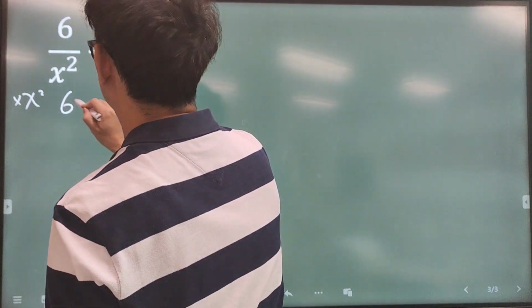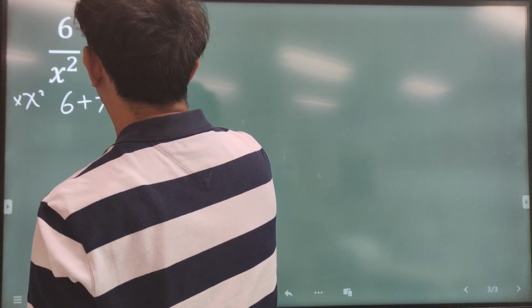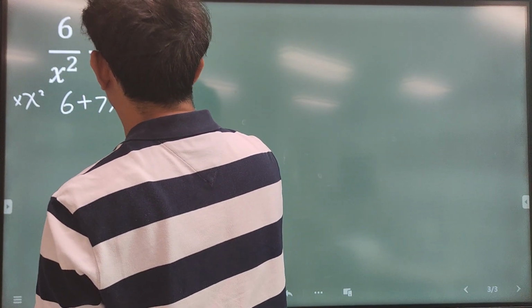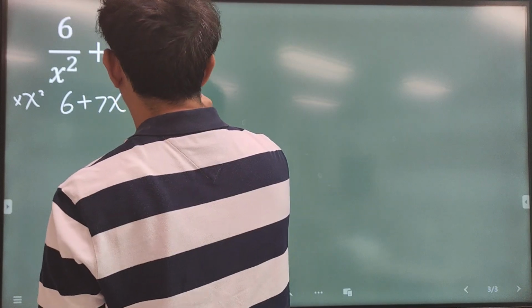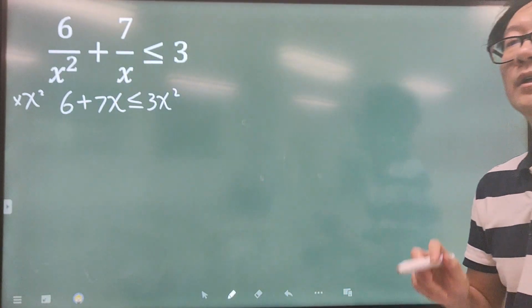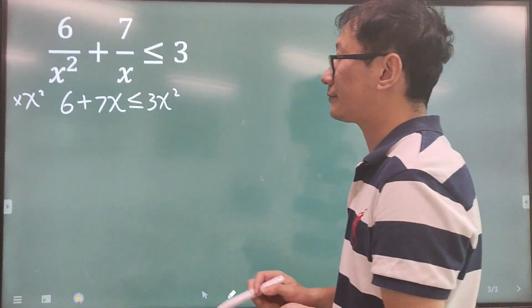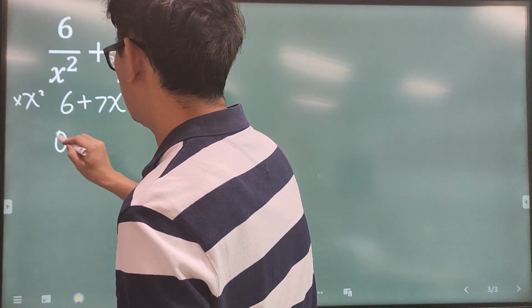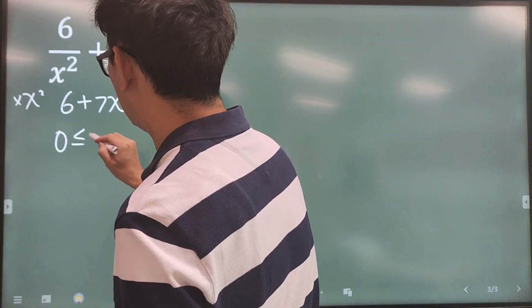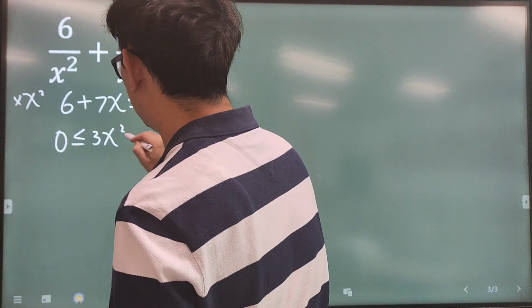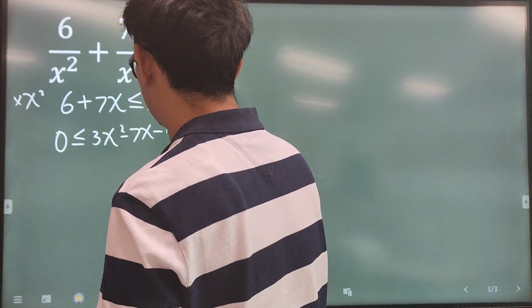We get 6 plus 7x, and that's smaller than or equal to 3x squared. Okay, let's go ahead and simplify this. 0 is smaller than or equal to 3x squared minus 7x minus 6.